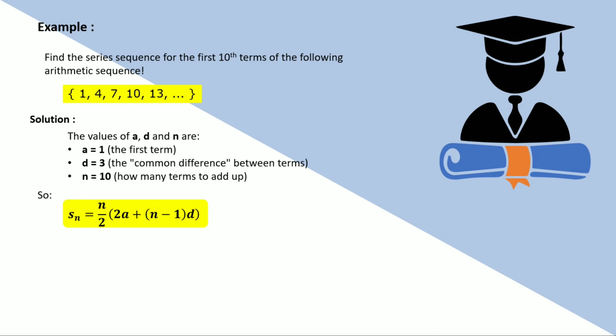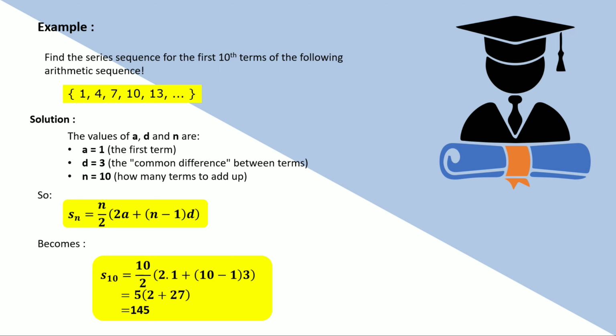So don't forget the formula. Sn equals n divided by 2 multiplied by 2a plus n minus 1 multiplied by d becomes S10 equals 10 divided by 2 multiplied by 2 multiplied by 1 plus 10 minus 1 multiplied by 3, and we get the result S10 is 145.